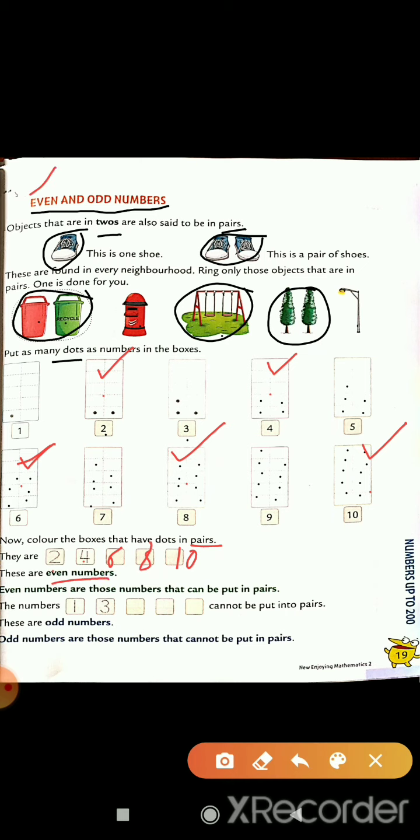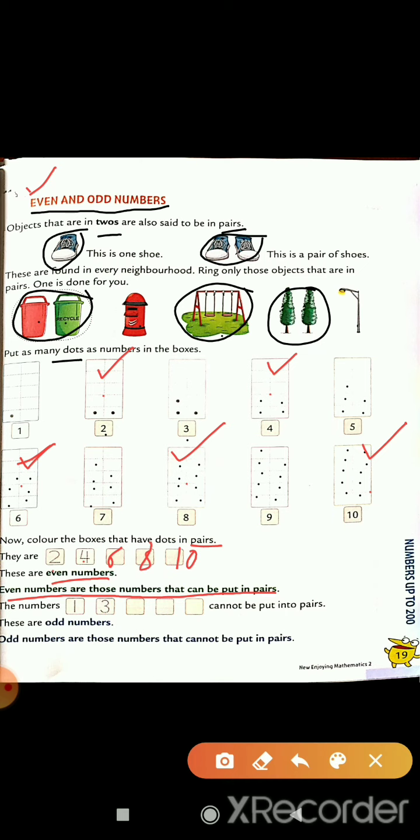Even numbers are those numbers that can be put in pairs. So the numbers which can be put in pairs are known as even numbers. Got it?